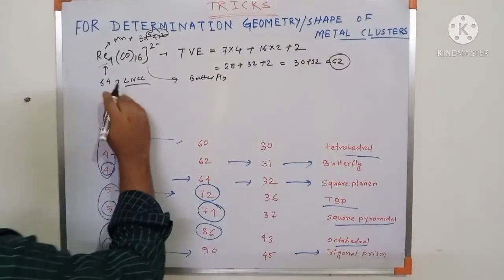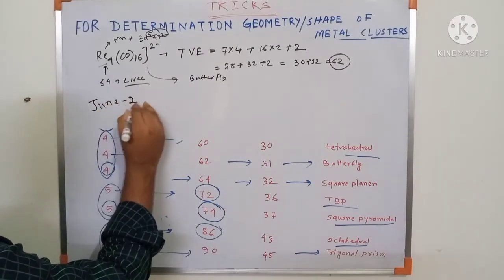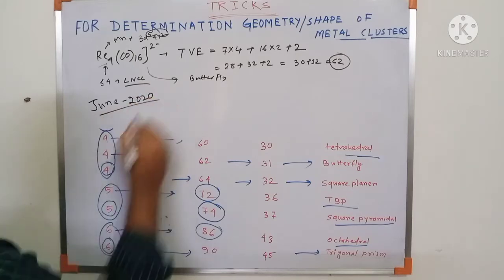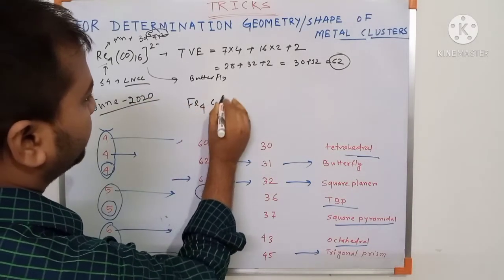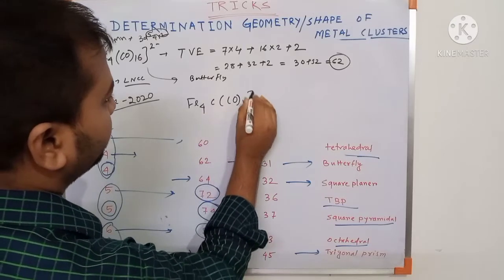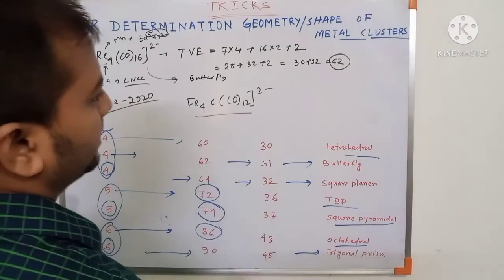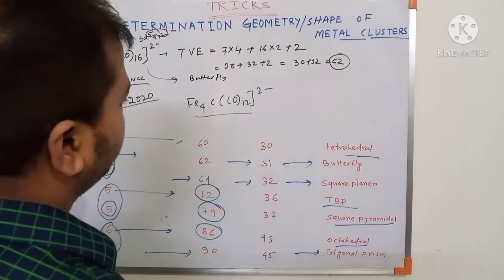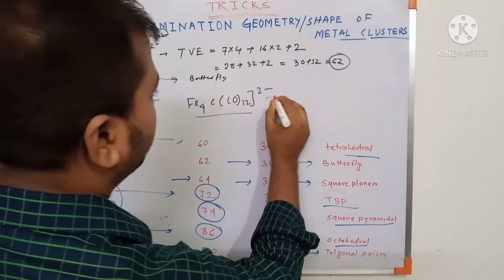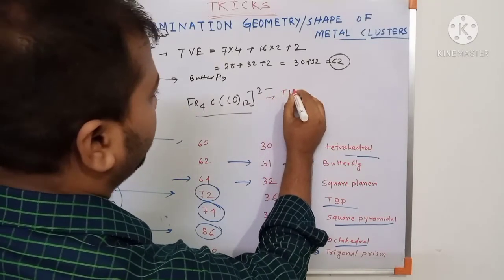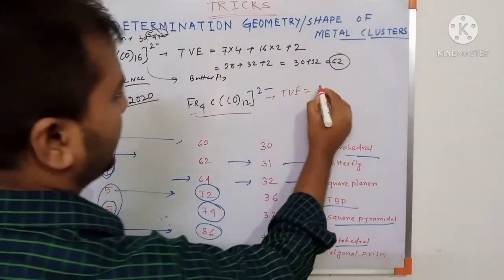Second, I discuss another example from June 2020 CSIR NET: Fe4(CO)12 2 minus. This question asks to determine the shape or geometry of the metal cluster. First, calculate the total electron count or total valence electrons.